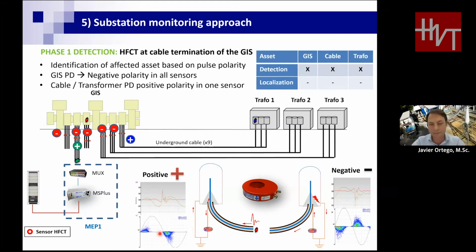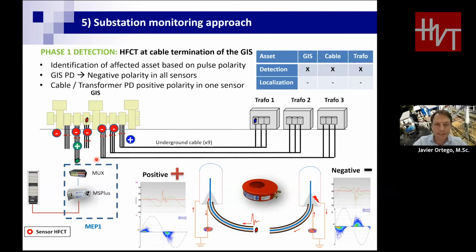If we have a PD pulse coming from any of the rest of the insulation of the substation on the other side, for example the GIS compartment, the PD will travel from the ground to the cable to continue traveling. In this case, we will have opposite polarity, so we will have a very clear analysis to distinguish when the PDs are coming from the cable to the GIS or from the GIS to the cable.